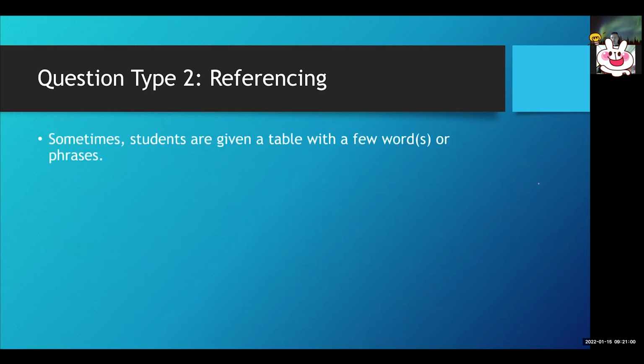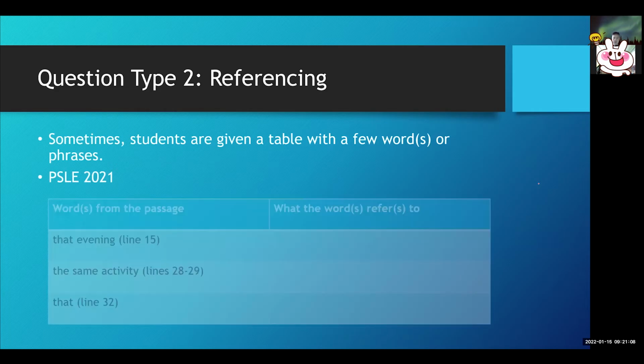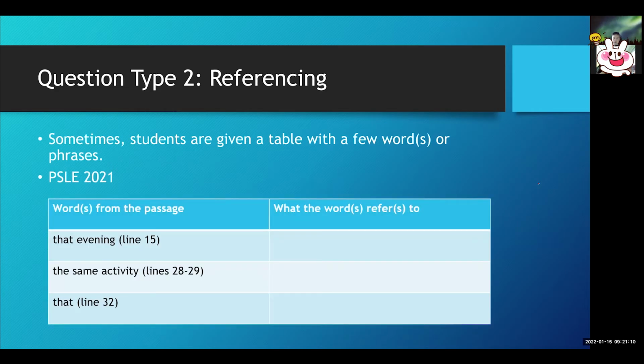Sometimes students are given a table with a few words or phrases. That is from PSLE 2021. I'll give you an example from last year. The format: you're given 3 phrases, like "that evening." What does the evening refer to?